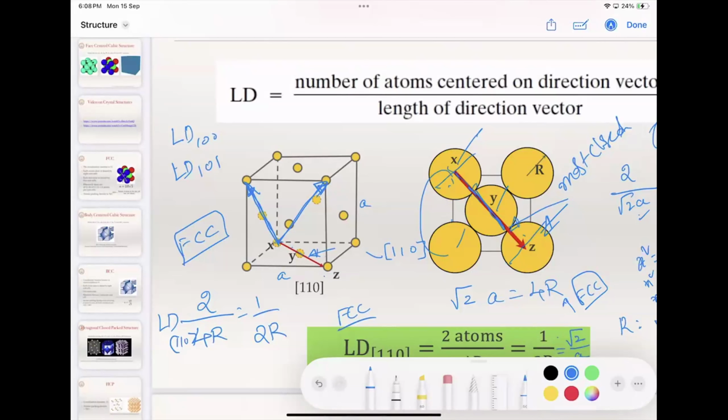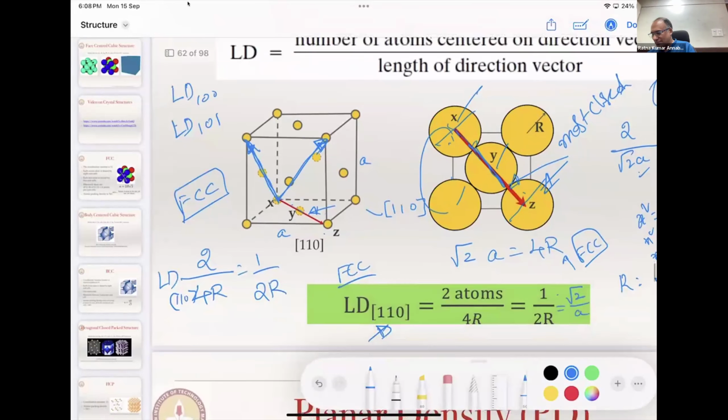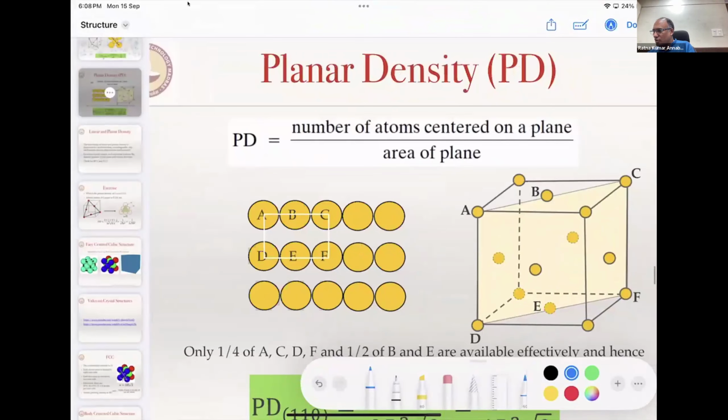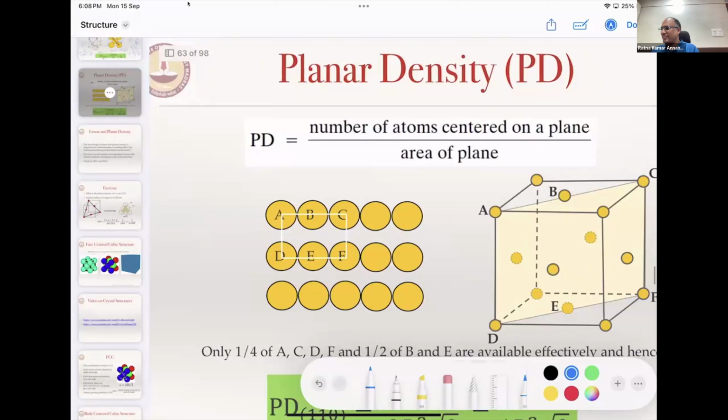So that is so much for the directional dependent properties. Now we have defined crystallographic planes, right? Let us look at another quantity called planar density.